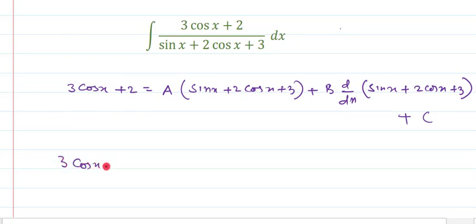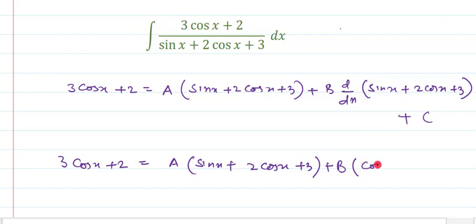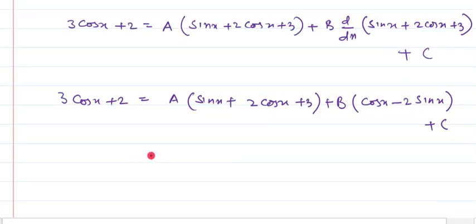Okay. Now let us write it again. 3 cos x plus 2 is equal to a into sin x plus 2 cos x plus 3 plus, let us find the derivative of this. It is b into cos x minus 2 sin x and plus c over here. Now multiplying this a and b inside the bracket.